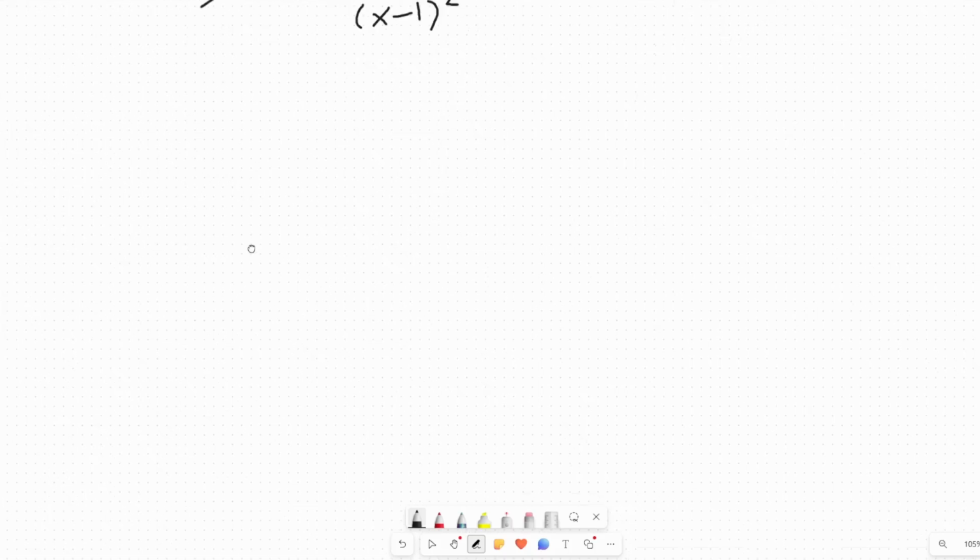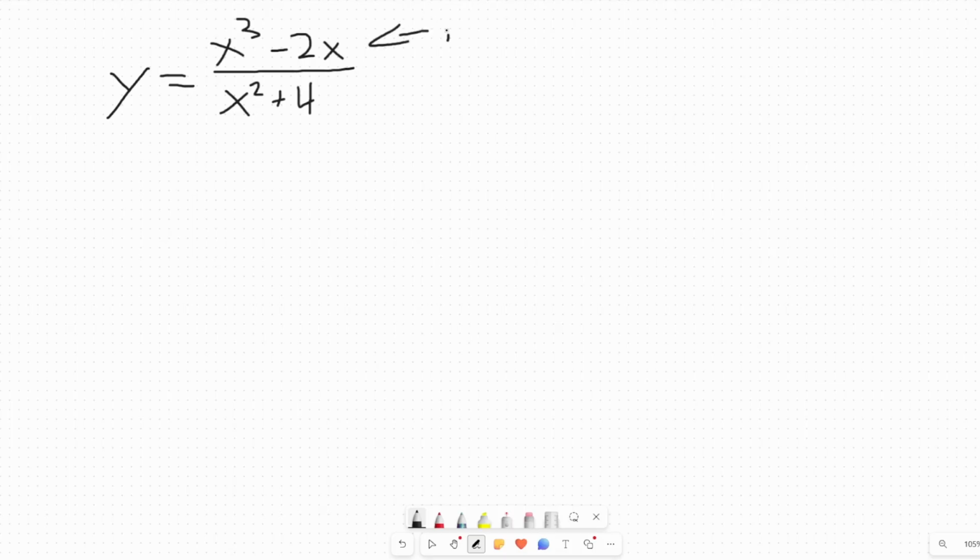So yeah, let's move on to the next question. We have y is equal to x cubed minus 2x over x squared plus 4. All right, so maybe give yourself a second to try it by yourself and then come back once you have the solution.